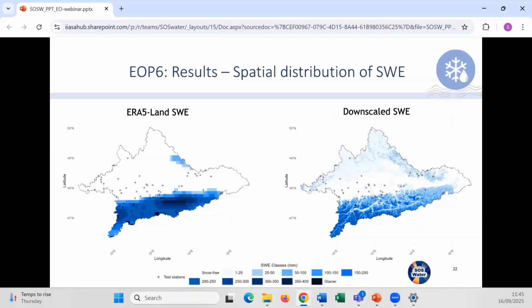We see very well that the ERA5-Land data has much higher values compared to the right side, and we now also see the valleys clearly.